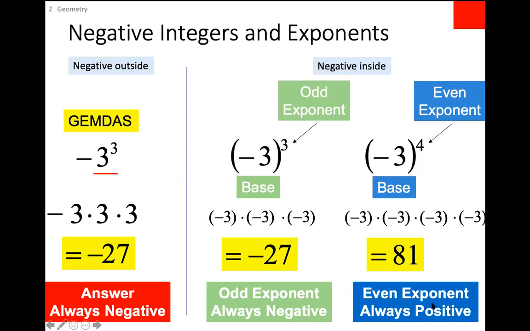If there's no parentheses and there's a negative, it's always negative. If there are parentheses, then it just depends whether the power is odd or even. If the power is odd, the answer is negative. If the power is even, the answer is positive. Okay, so that's our first little tricky part, dealing with X. There's more, but that's our first little tricky part, keeping those 3 rules straight in our head.